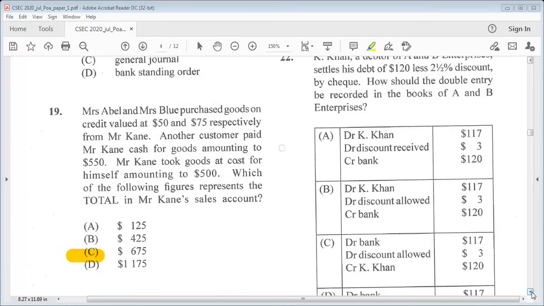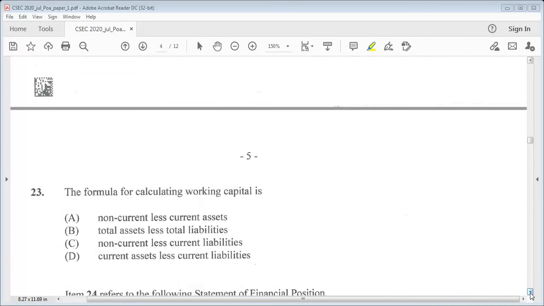So the discount allowed would be $3, and the bank would get $117 after you deduct $3 from $120. That's how the transaction would be recorded. So C. Let's go on to number 23.